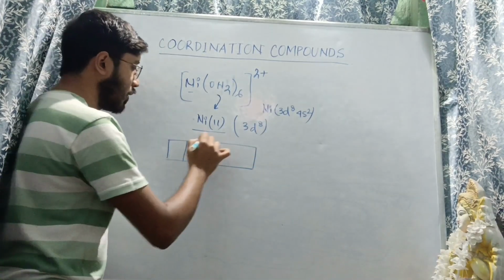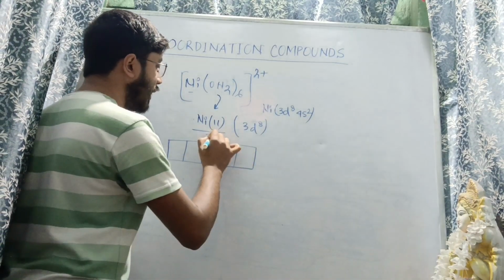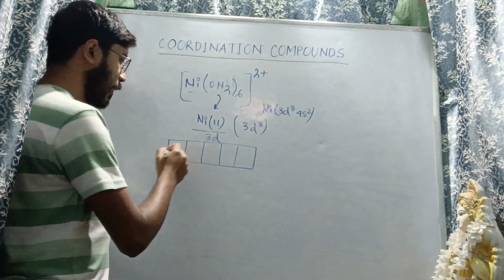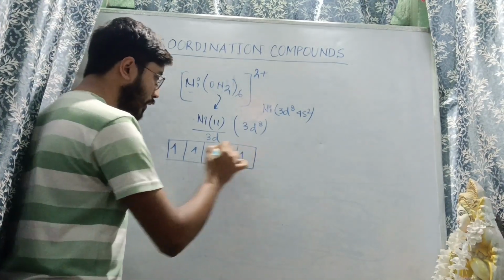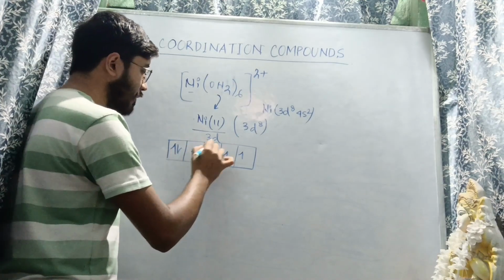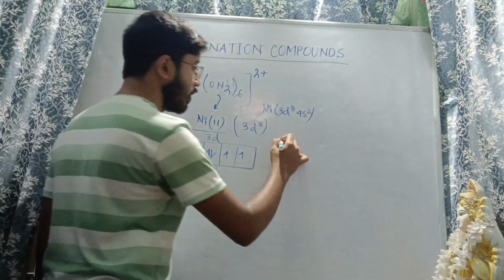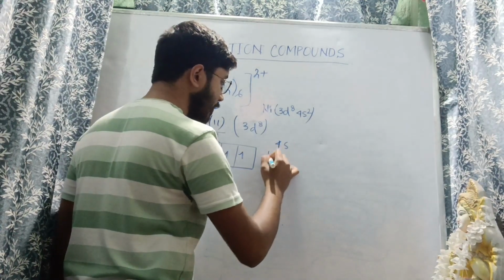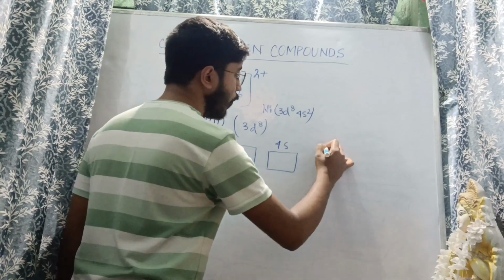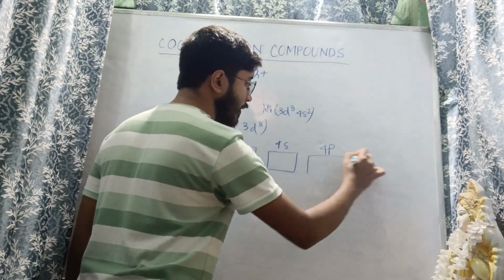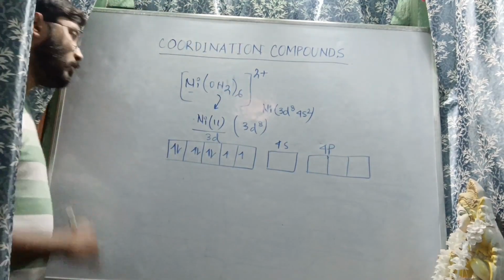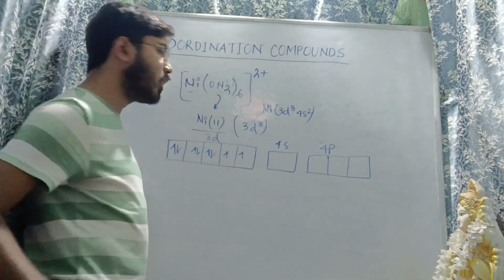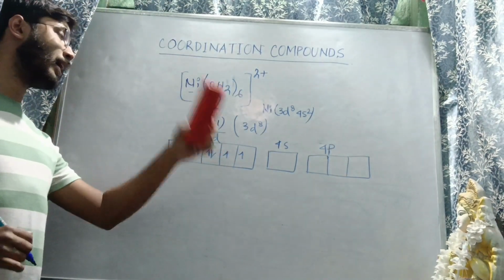That is 3d, 1, 2, 3, 4 and 5. Then the electrons are paired up, 6, 7 and 8. Then 4s and 4p orbitals are also present. We know that water is a very weak ligand.